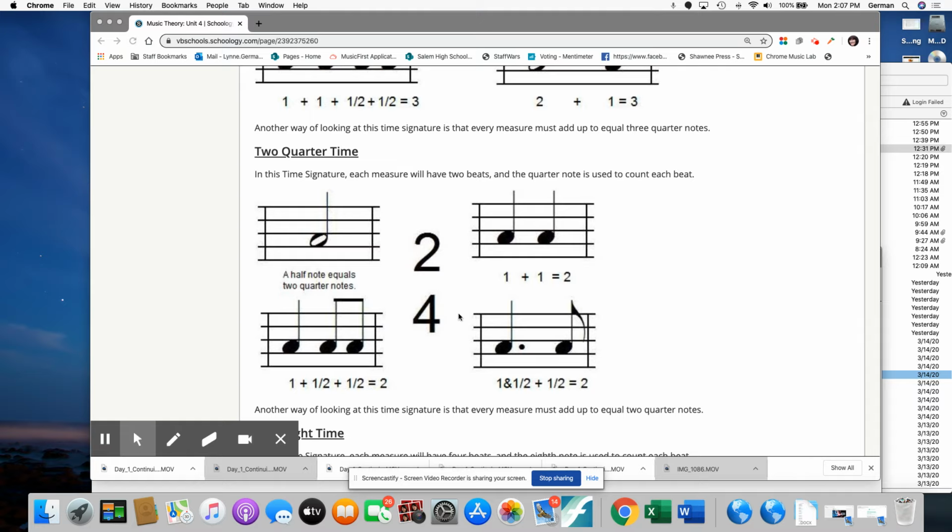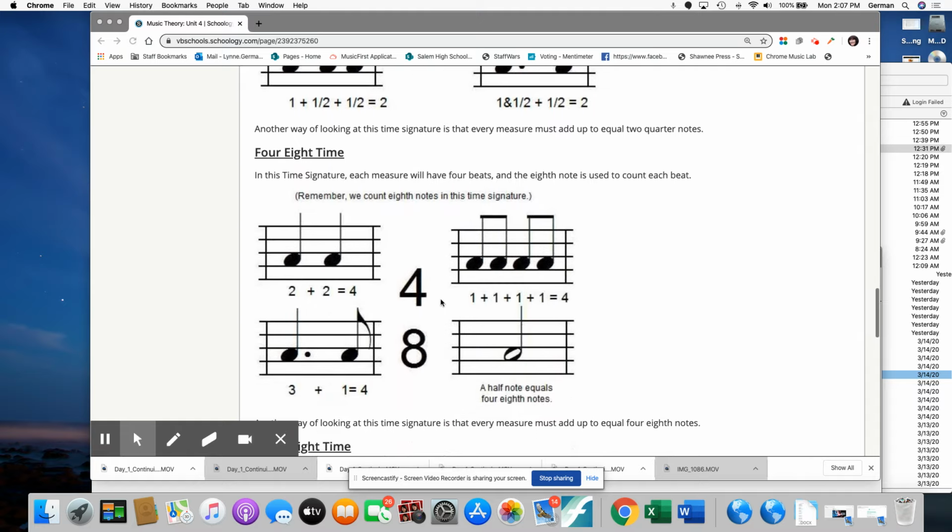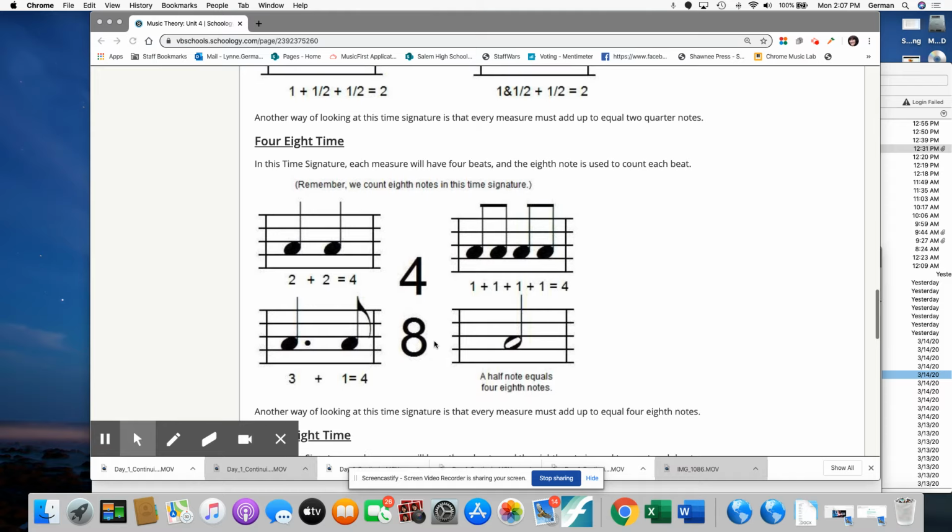So you could say that is a nice way to remember it. In this case, 4 eighth notes fill the measure. That looks odd to our eyes, but this works if you have a time signature that's moving along quickly and you don't want to see as many eighth notes.